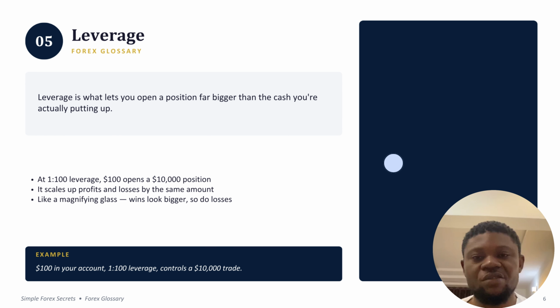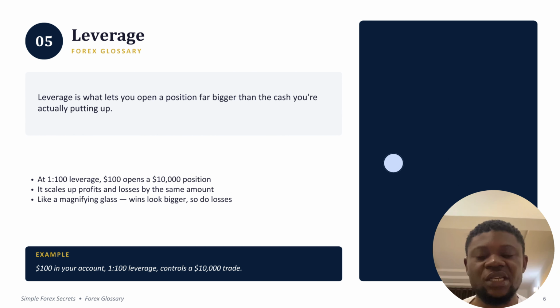Number 5 is leverage. Leverage allows you to control a larger position with a smaller amount of money. For example, with 1:100 leverage, you can control $10,000 worth of currencies with just $100 in your account. So this sounds amazing, but here's the truth.